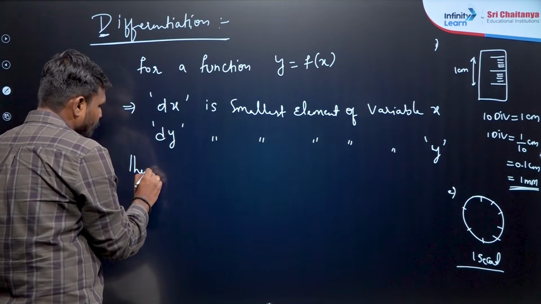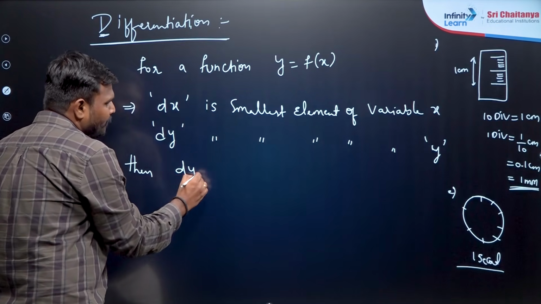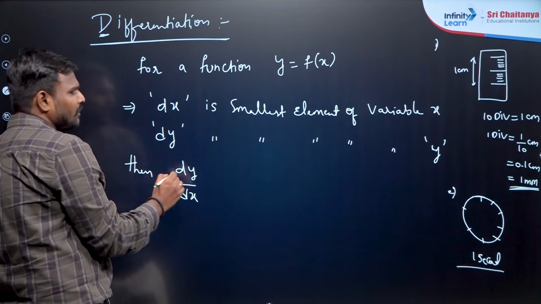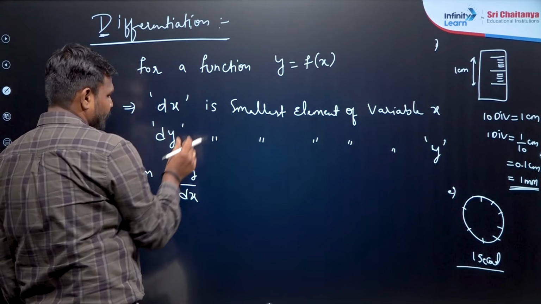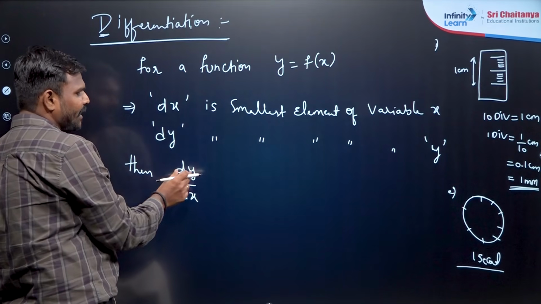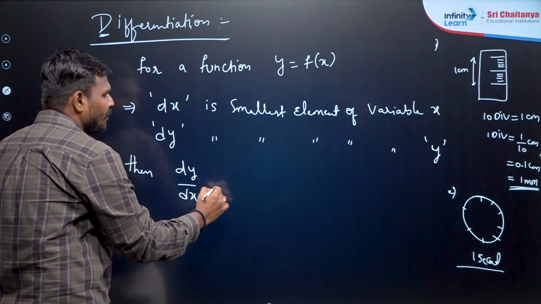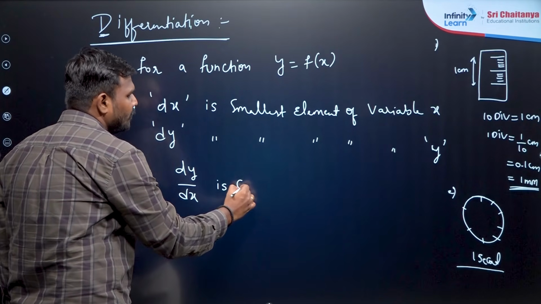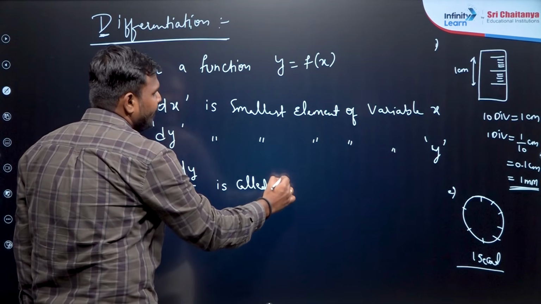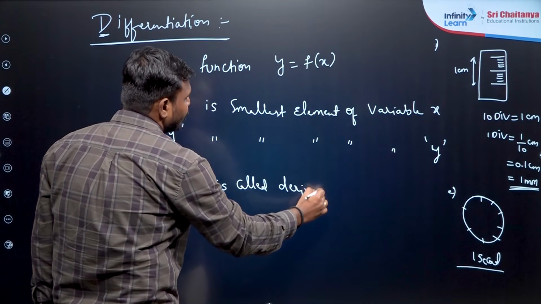Then dy by dx, that is small change in the dependent variable divided by small change in the independent variable, is called the derivative of the function.